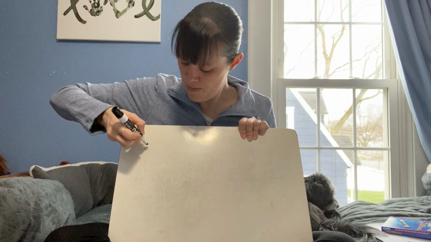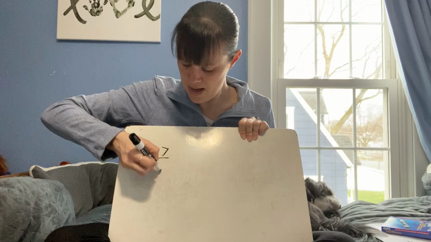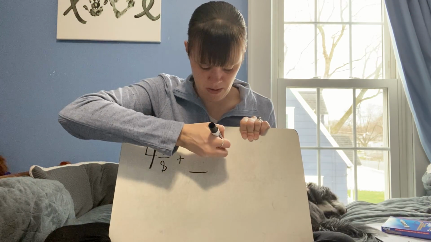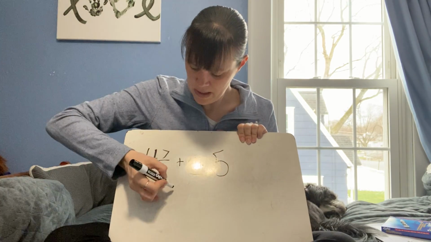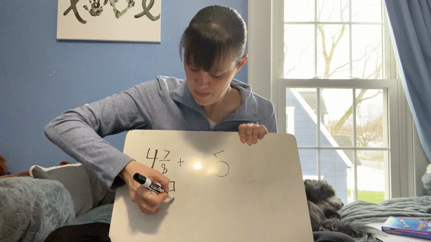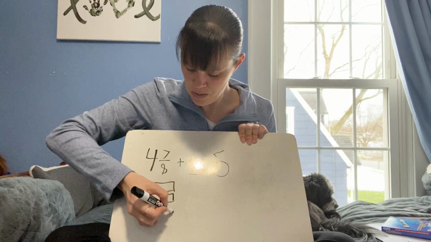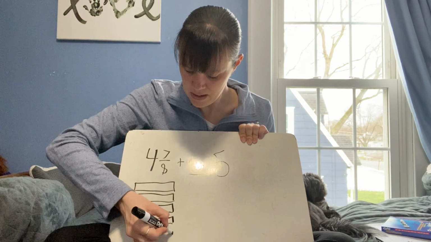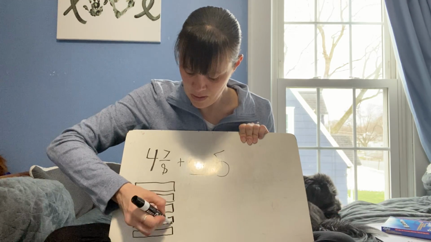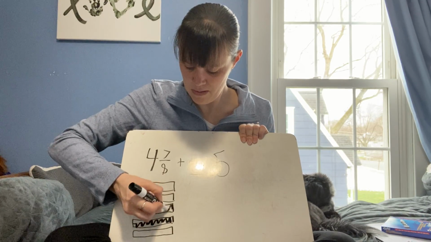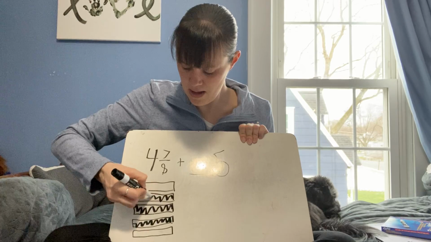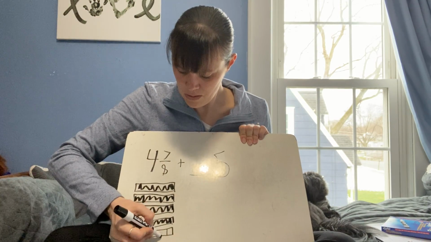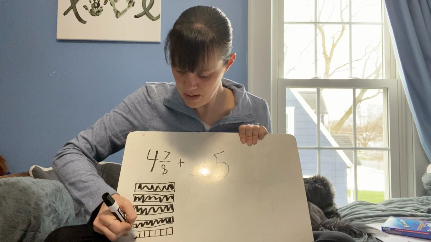If we have 4 7/8, I'm going to add something to it to give me 5 whole. Let's draw this one. 1, 2, 3, 4, 7/8. So I know that these are colored in. These are all 8/8 are all shaded in here 4 times. 1, 2, 3, 4, 5, 6, 7.